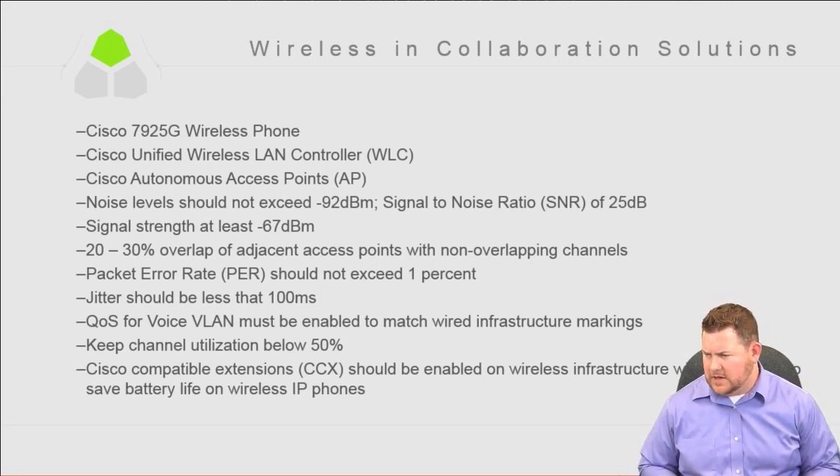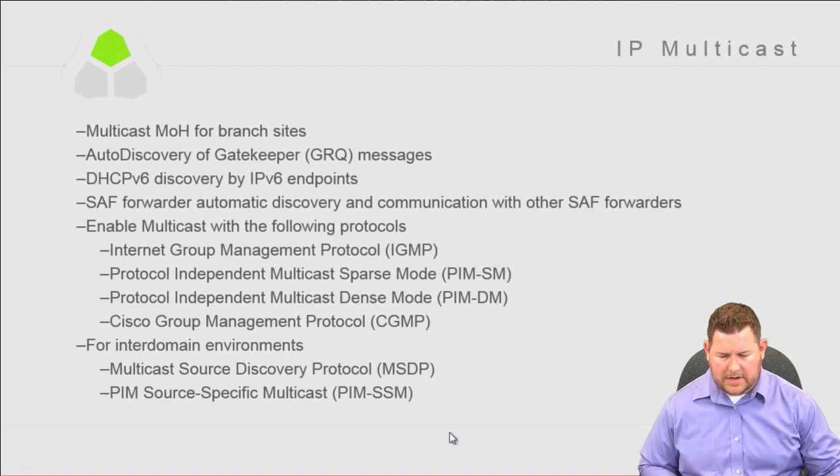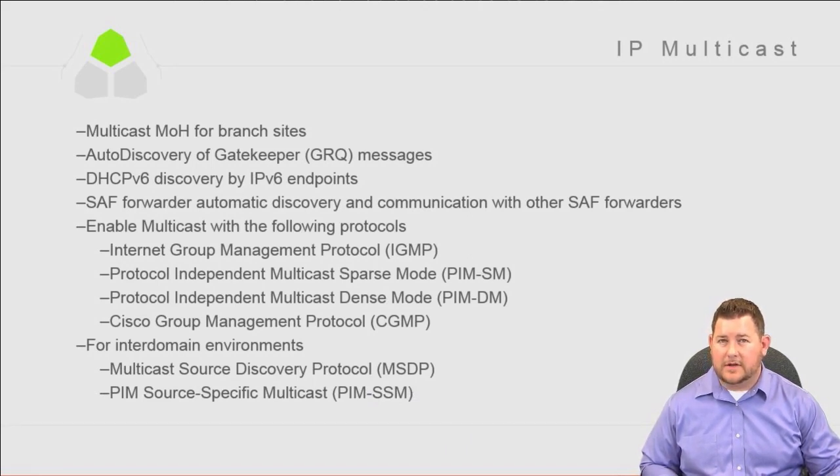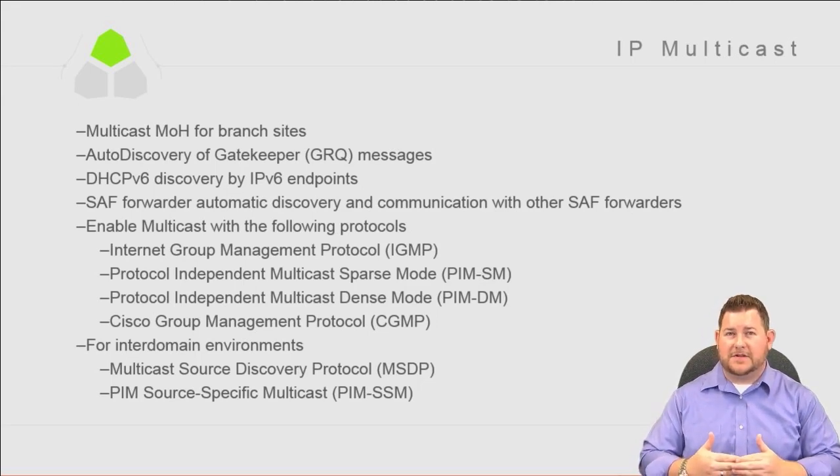We have, what would be the boundary for domains? Let's go back here. For domains, I'm guessing the boundary we're referring to is multicast domains. What that's actually talking about is where multicast stops running a particular protocol out that interface.